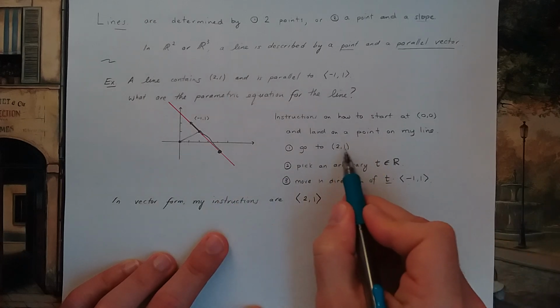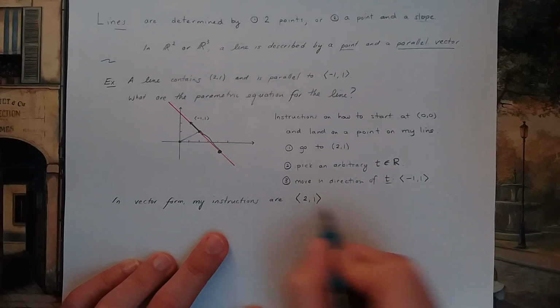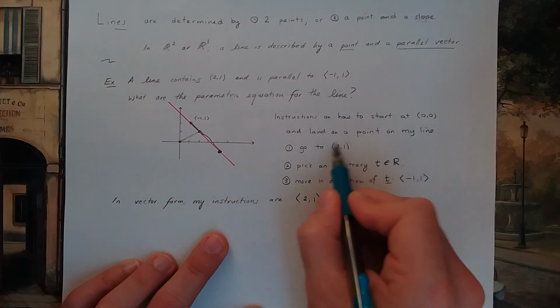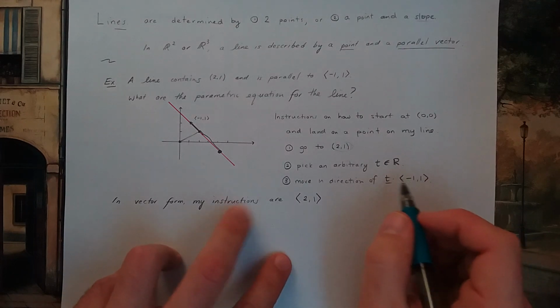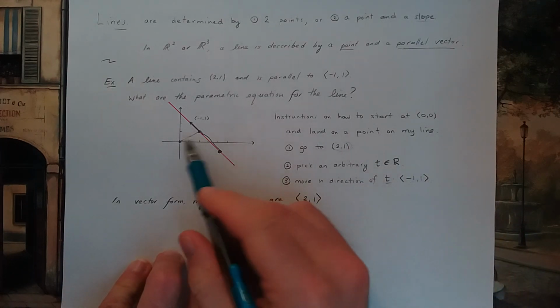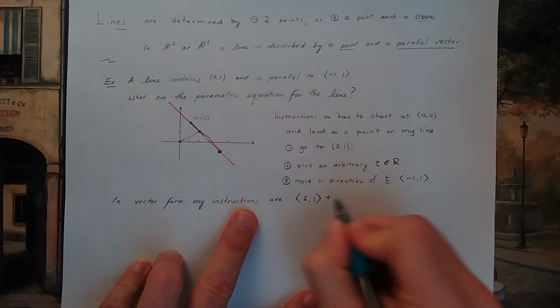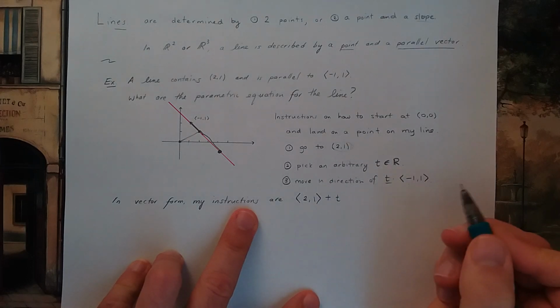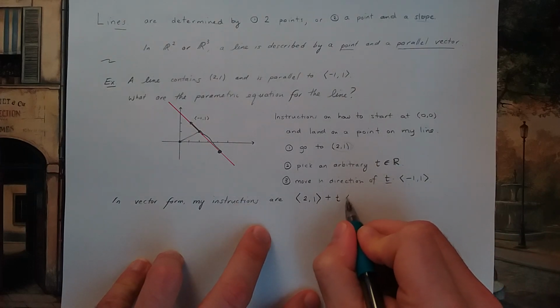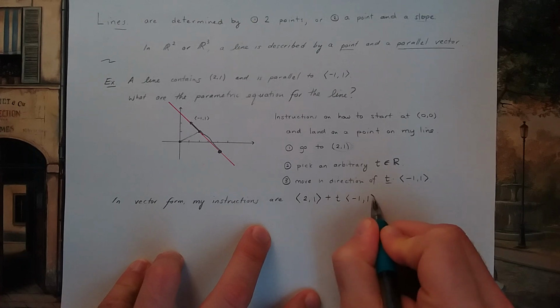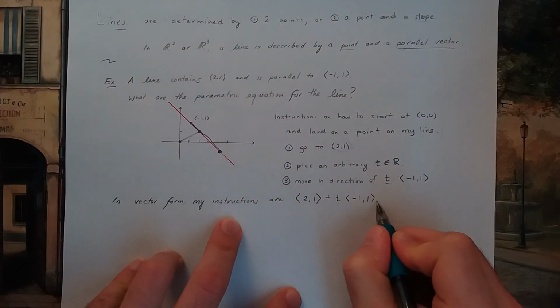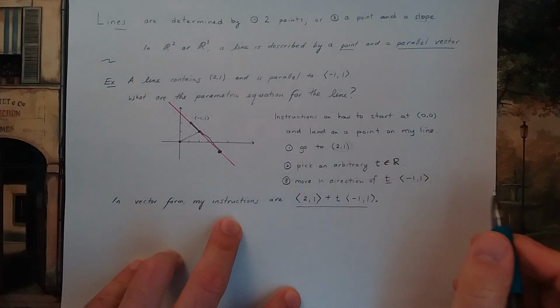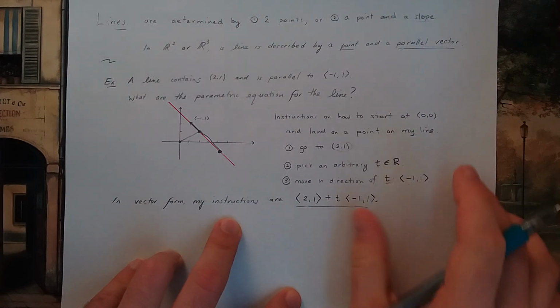That's different than the point. This is telling me to move 2 steps in the x direction, 1 step in the y direction, whereas this is just a location in the xy plane. Then after I go to my point on the line, I'm going to add a new set of instructions. I'm going to go some multiple of negative 1, 1. So in vector form, this is my instruction on how to get to a point on the line.